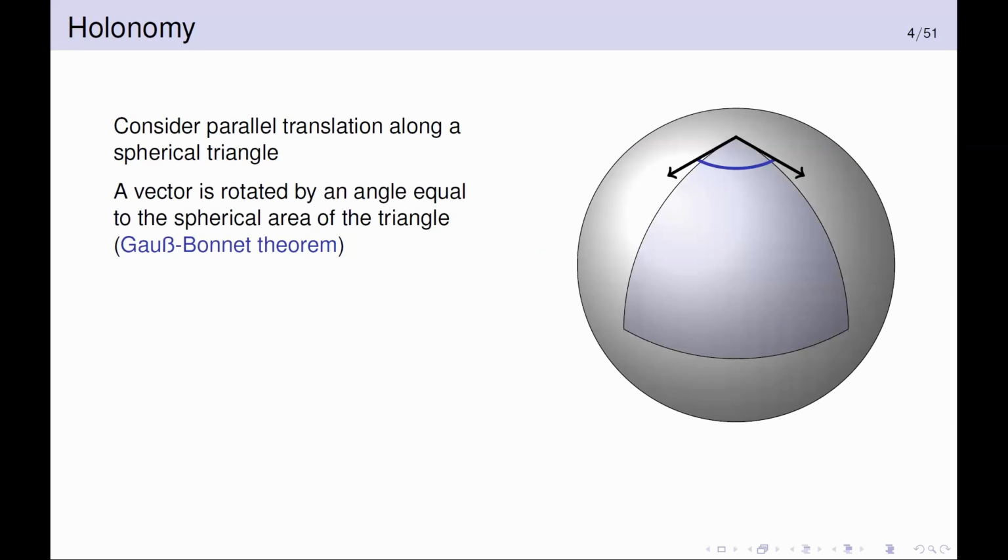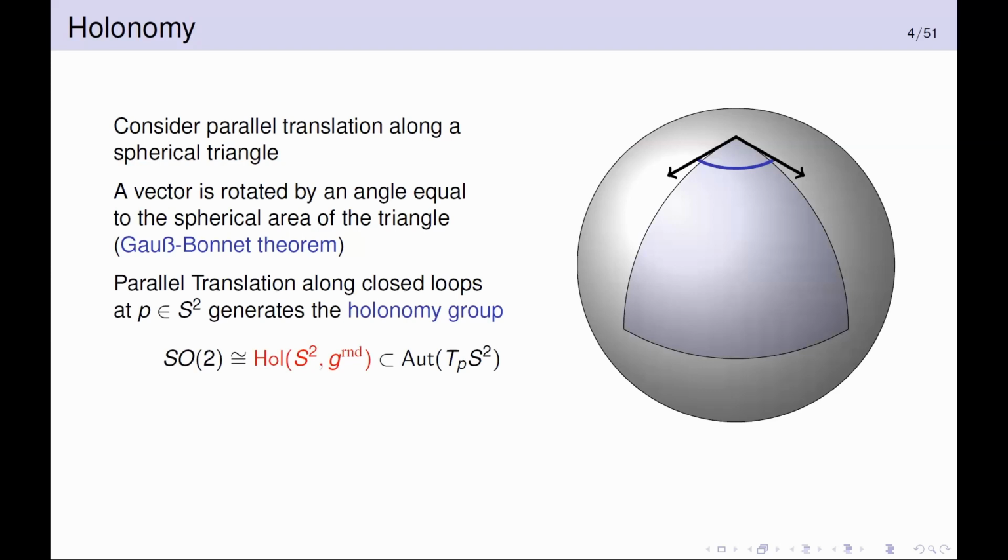And Gauss-Bonnet, in fact, tells you that that's related to the area of the triangle you've been walking around. And this is actually the first time where you see holonomy probably in your life. And the holonomy of S2, well, that's the group that you get by parallel translation along arbitrary loops. In this case, that's, of course, just the rotation group SO(2).